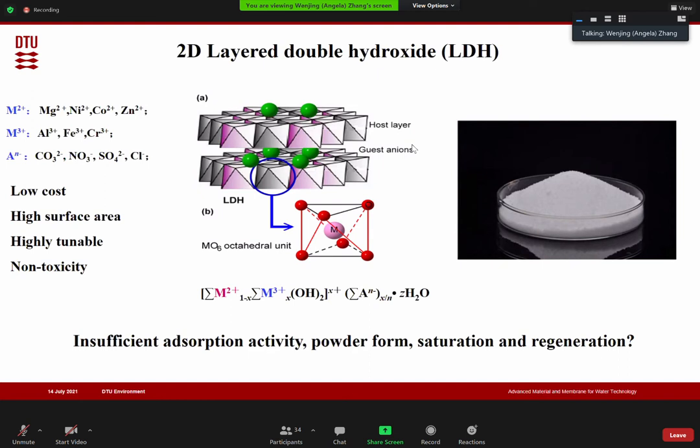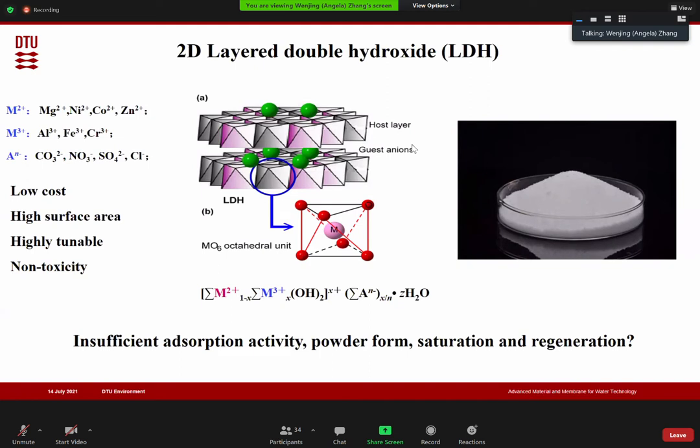So it's a mix of the powder with wastewater to try to have the absorption. And afterwards, there is still an additional step, separation, to try to remove the powder from the treated water as well. So there is always a concern about any leaching of such powder into the water.